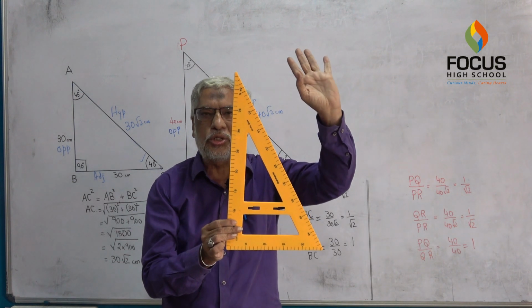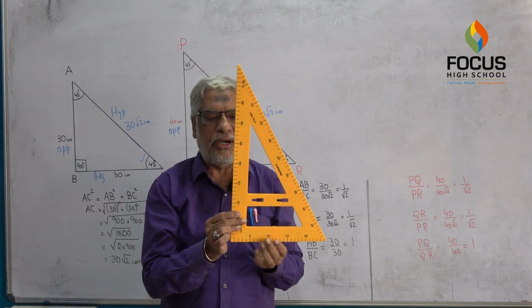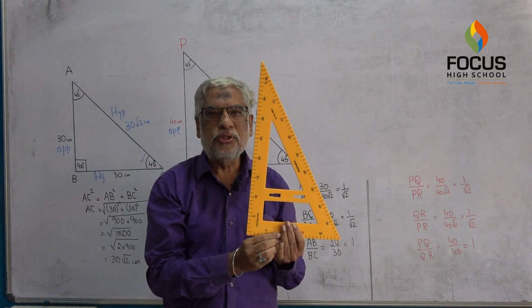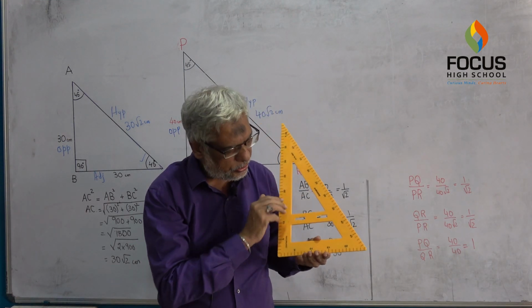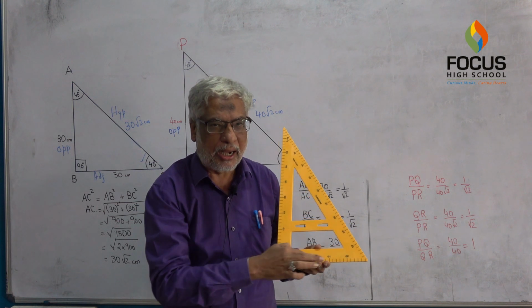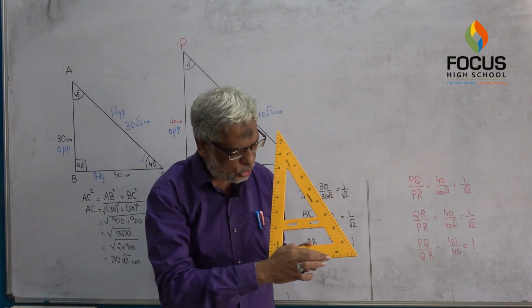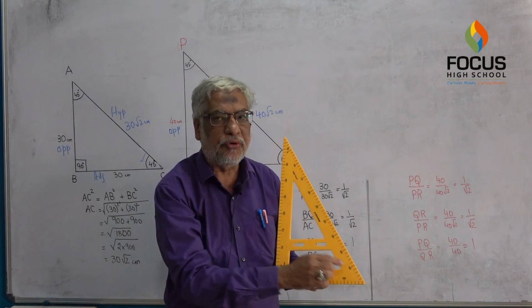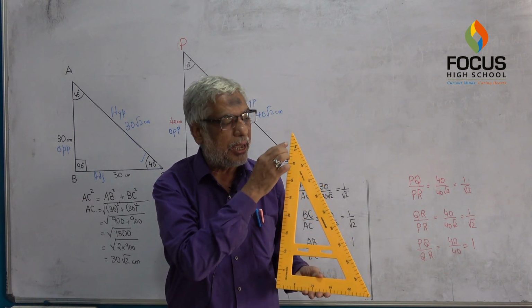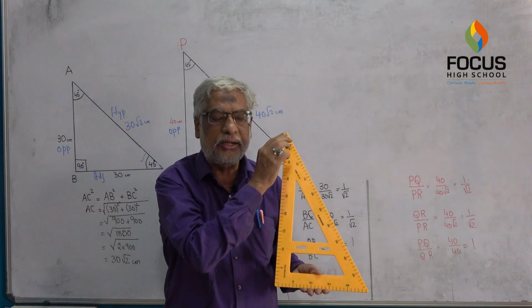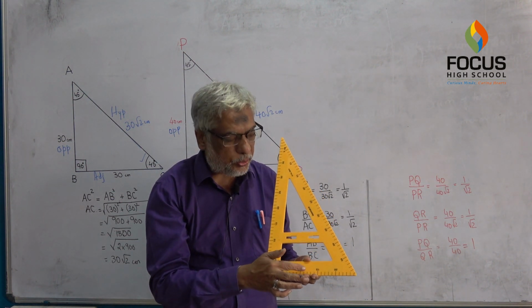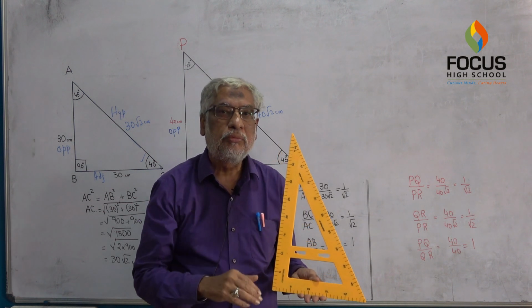And in this case also the ratios, if I take with respect to angle 30 degree, opposite side by hypotenuse, now you will see it is already marked, and this is marked as 25, and my hypotenuse is marked as 50. So sine 30 degree is opposite by hypotenuse, that means 25 by 50, which is half.